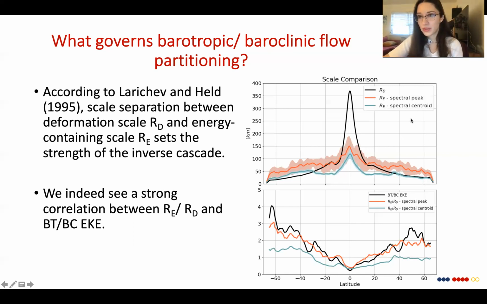So there are some errors in this calculation, but nonetheless, if we look at the zonally averaged plot of what this looks like, here we're showing the barotropic baroclinic EKE ratio, and then this RE over RD ratio by these two methods. And we do indeed see a strong correlation between the separation between the energy containing scale, the deformation scale, and the barotropic baroclinic EKE partitioning.